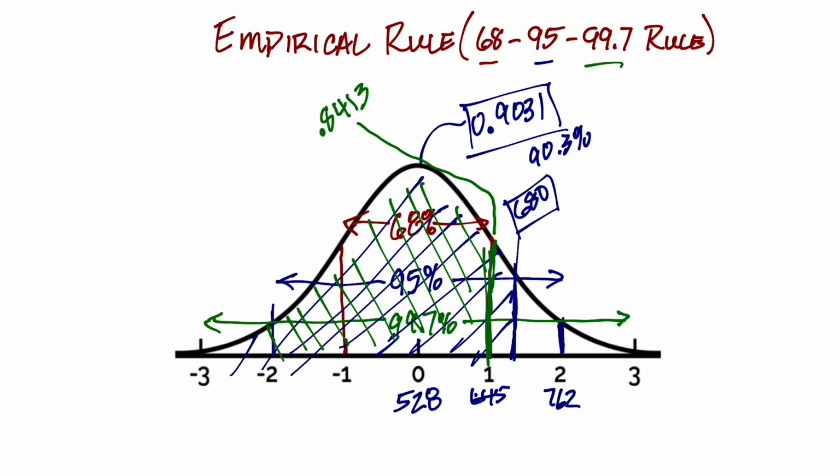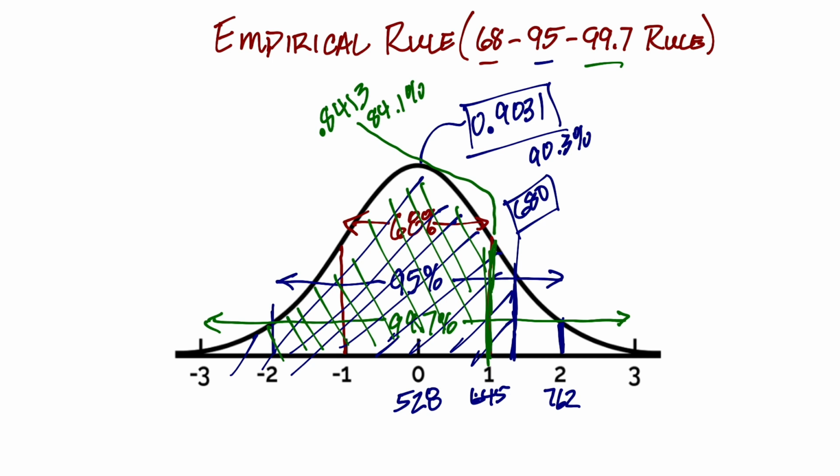Or we could say that Ron was the same as or better than about 84.1%. That's kind of how a percentile ranking works, by the way. So Don was in the 90th percentile and Ron was in the 84th percentile. So both very good scores.